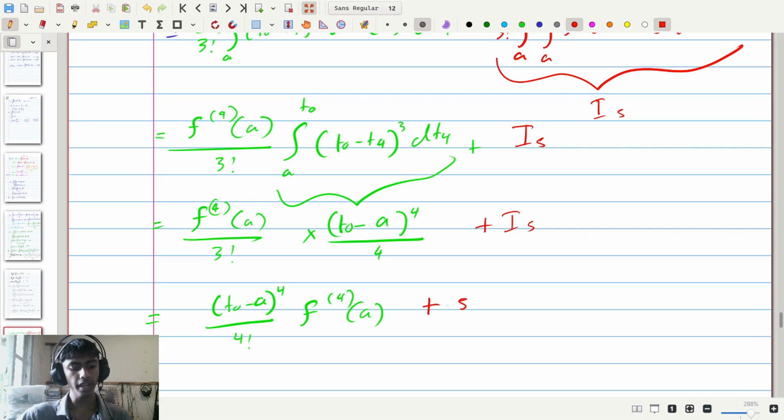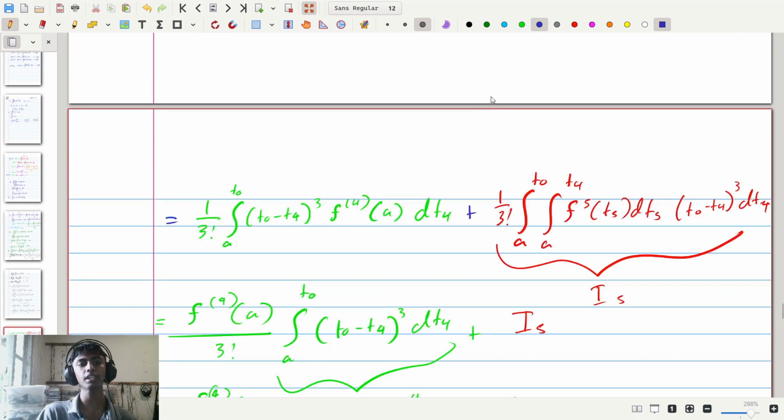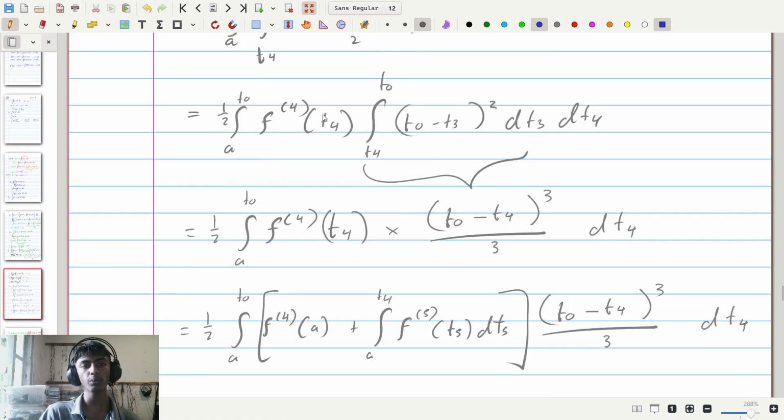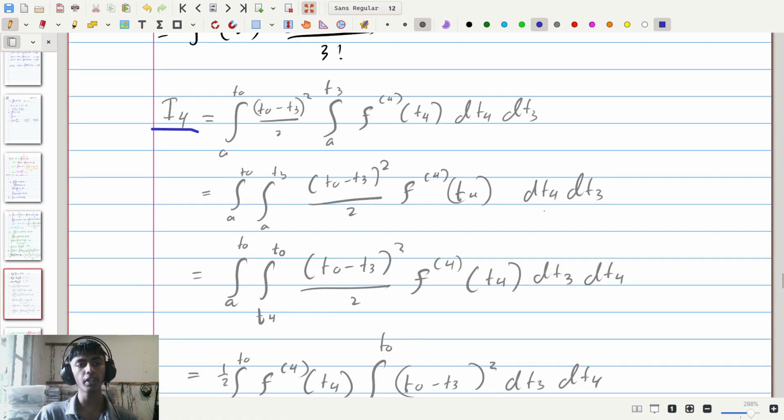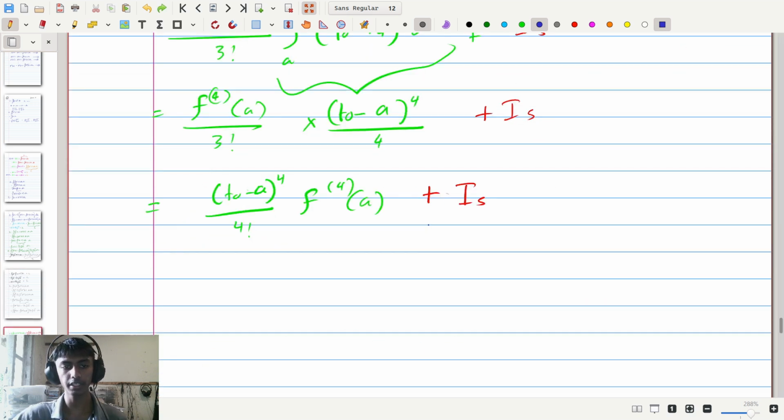So we're actually going to end it there because at this point we can see the pattern that's going to happen here. So now let's rewrite everything that we have developed so far. We have developed that I4 is equal to this expression here, so we'll write that down. We have that I4 is equal to (t0 minus a) to the 4th power over 4 factorial times f4 of a.